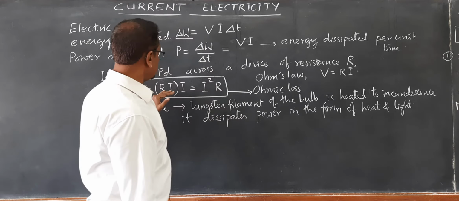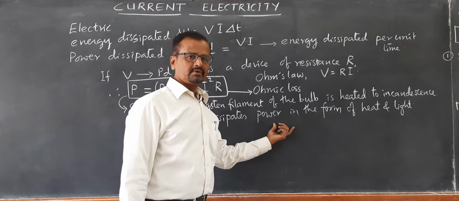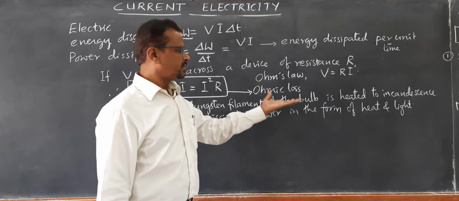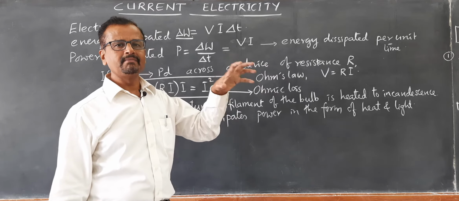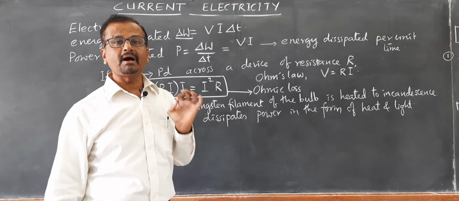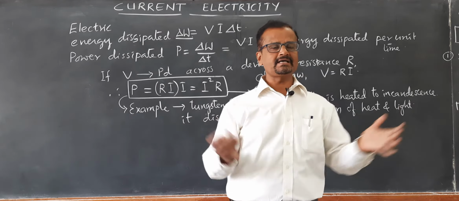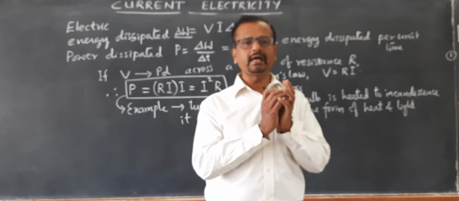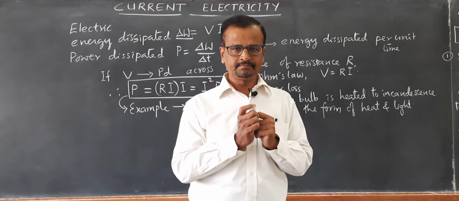Now, this is the required power, which is useful power, right? When this is the power dissipated in the form of heat and light, from where does the bulb get the power? That is the question. Yes, the bulb gets the power from the source. In the classroom or in your home, we get the power from the alternating current AC mains supply.